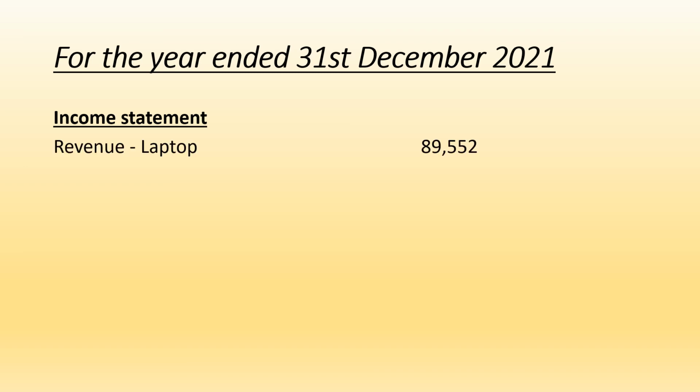Now let's see what will be the extracts in the financial statement. When it comes to the income statement, we have to record the revenue. So here we are going to separately show the revenue from the laptop by 89,552 as well as revenue from internet facility 75,224.